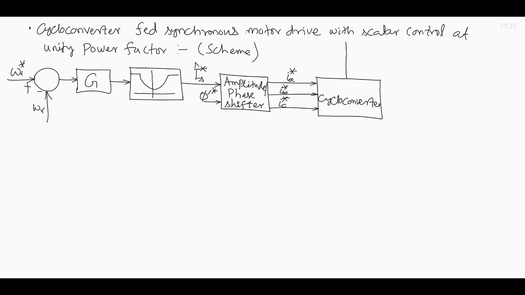The cycloconverter has a three phase supply input, and it provides variable voltage, variable frequency output to the motor. On the motor shaft there is a position sensor.